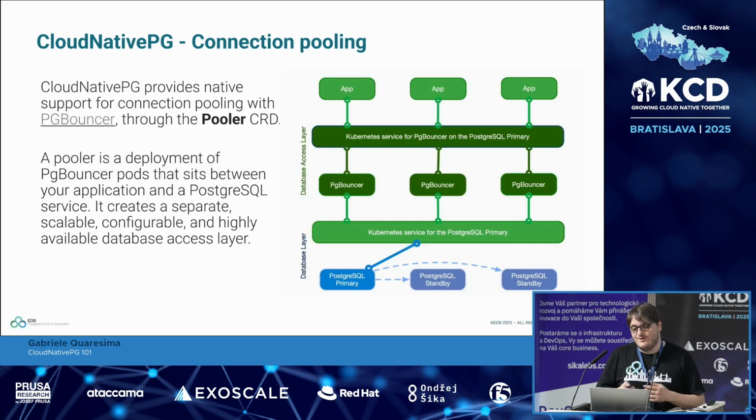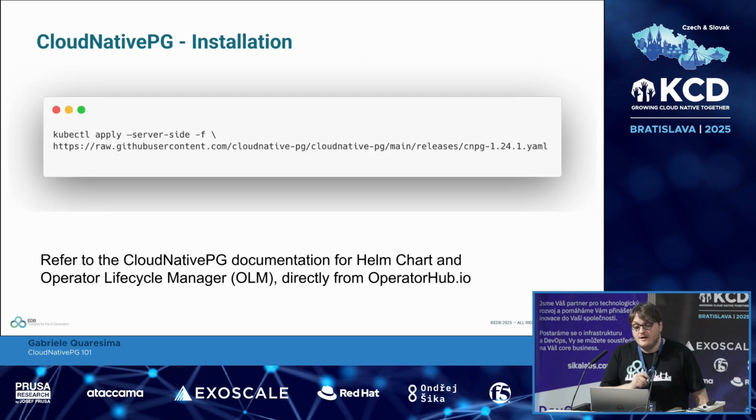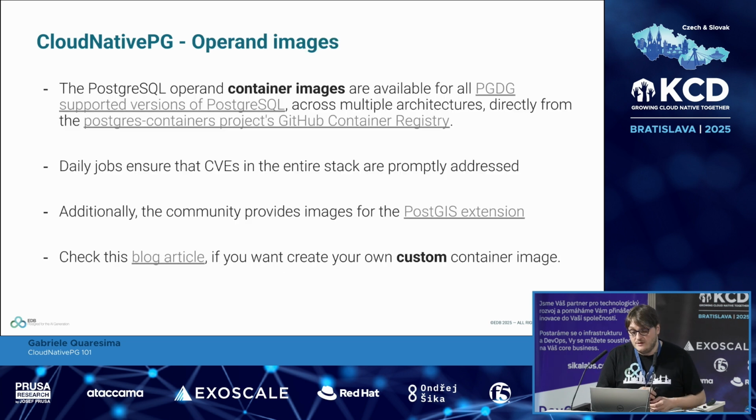Like I said, we have a CRD to use PgBouncer if you need to support connection pooling in front of your application. The installation can be via the manifest from the GitHub repo, or with OLM if you use OpenShift, or via the Helm chart.